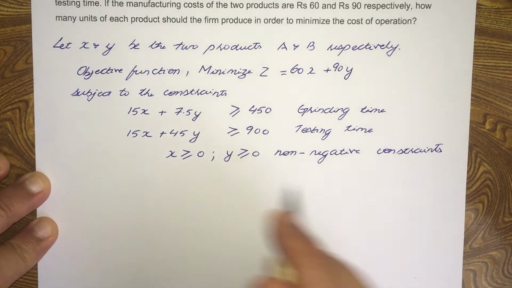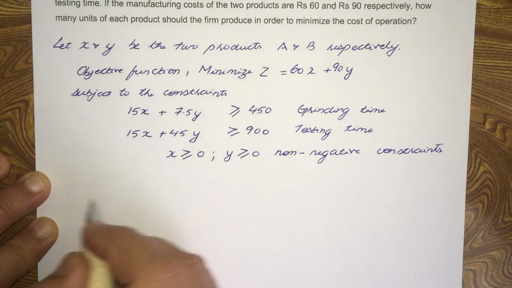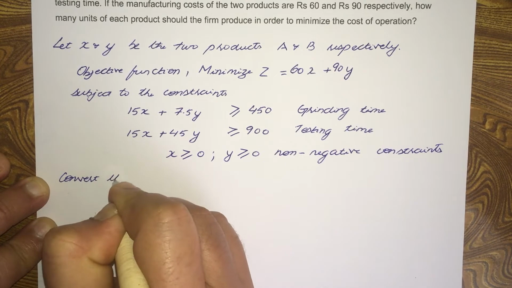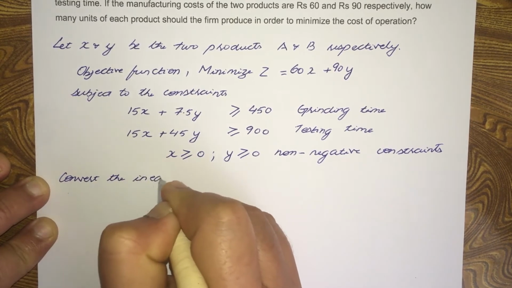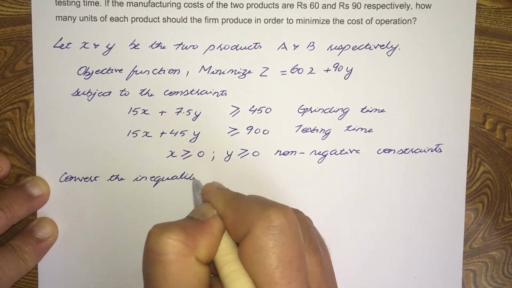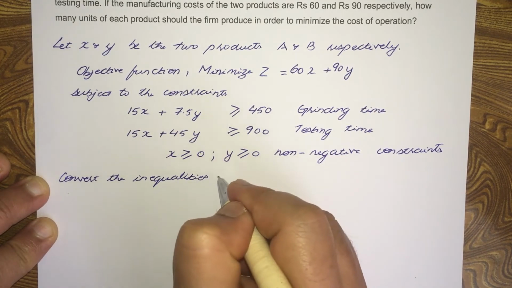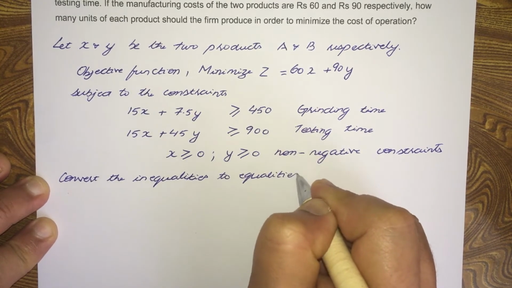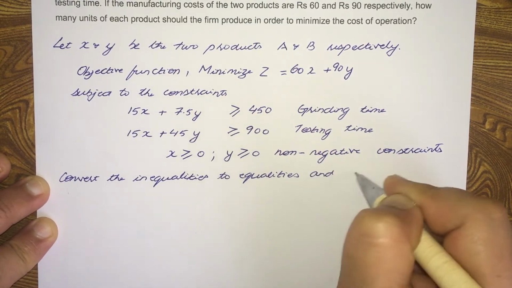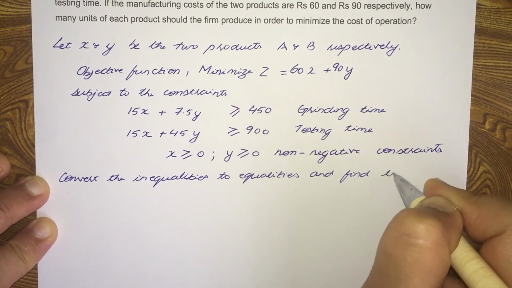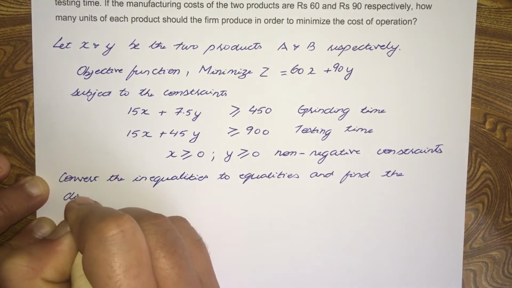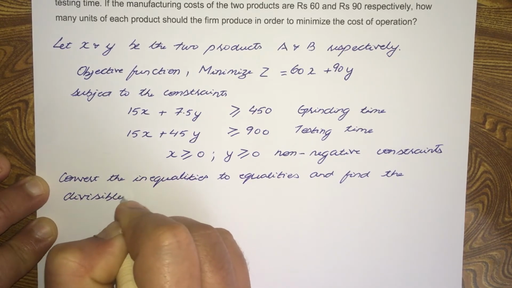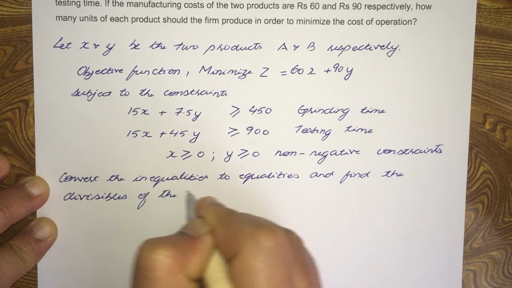So first things first, we have to convert the inequalities to equalities and find the intercepts of the equalities.